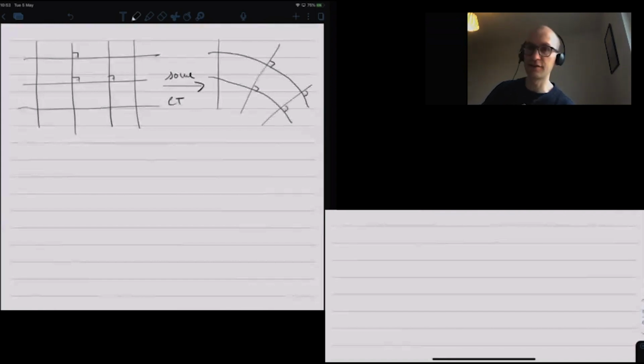If I had intersections at other angles, they would remain whatever those angles are. You can distort it and change the volumes, but all the intersection angles are preserved. So now the question, of course, is what are these transformations?